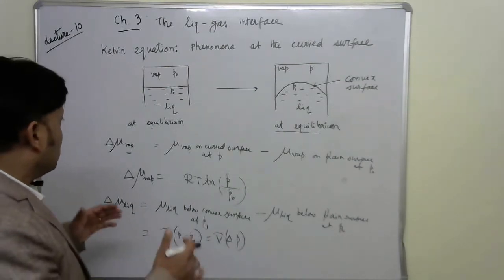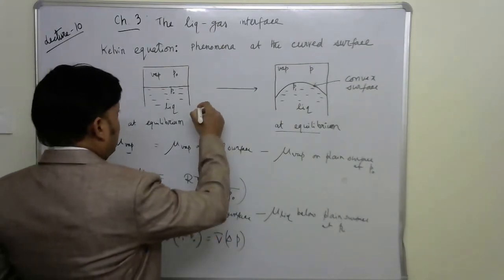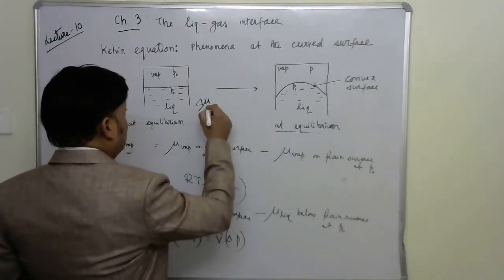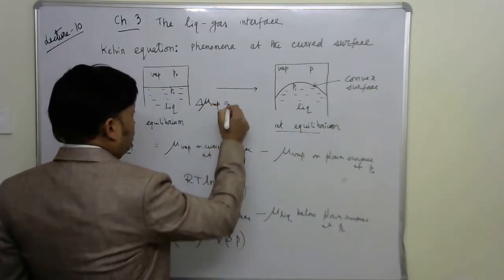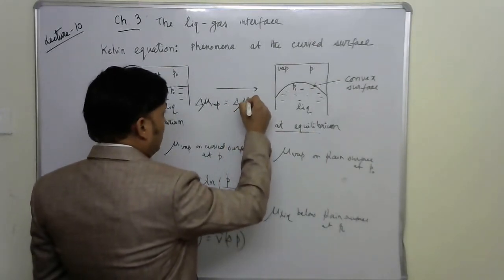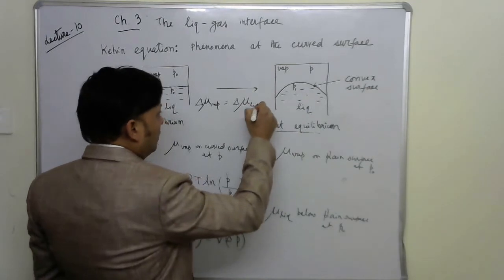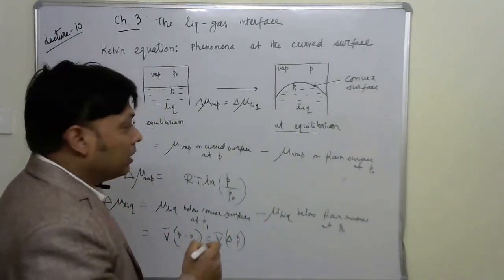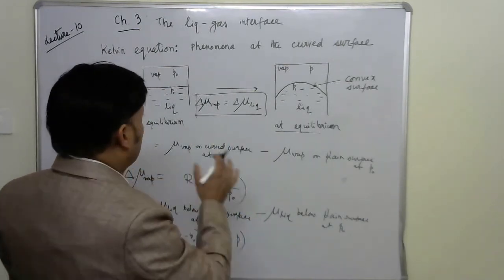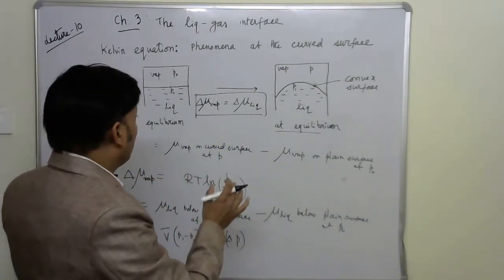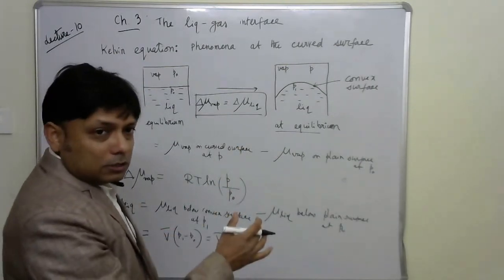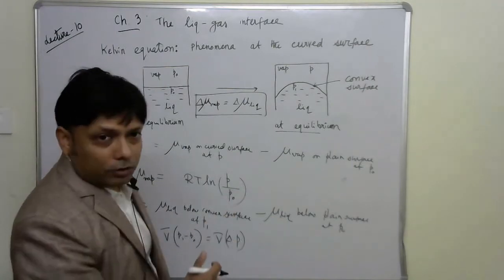And that condition required is that the change of the chemical potential of the vapor, delta mu vapor, should be exactly equal to the change of the chemical potential of the liquid. Whenever delta mu vapor is equal to delta mu liquid, only then do we have both the equilibrium conditions satisfied before and after the change.